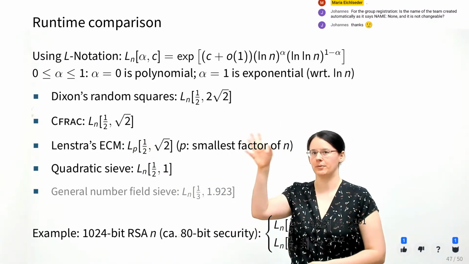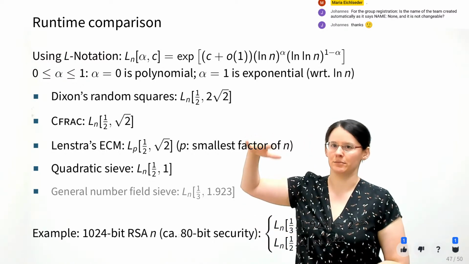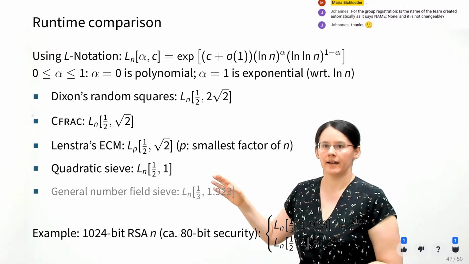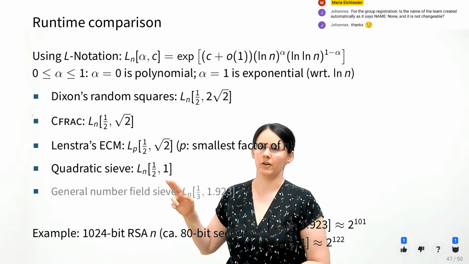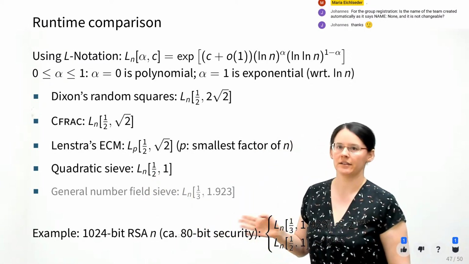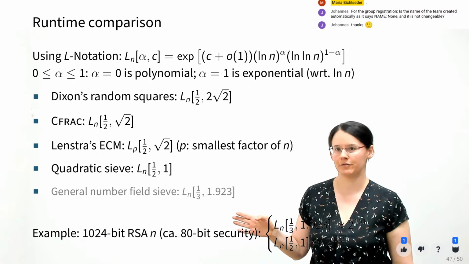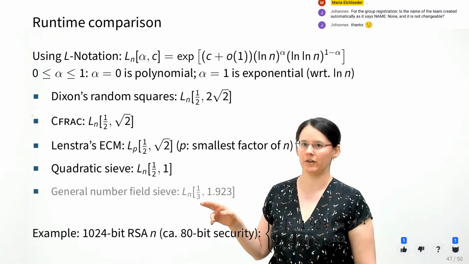So this is faster if one of the prime factors is very small, roughly speaking, because this is still asymptotic talking here. The quadratic sieve is even better because it has a constant of 1 here, still with 1/2 as alpha.